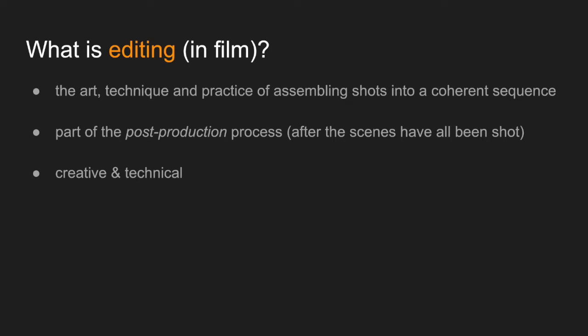If a cinematographer's job is to make those shots look good, then the editor's job is to make the entire film look good by knowing how and when to put those shots together in a sequence. That's really the point of this unit on editing, to try to understand better how an editor helps to tell the story.